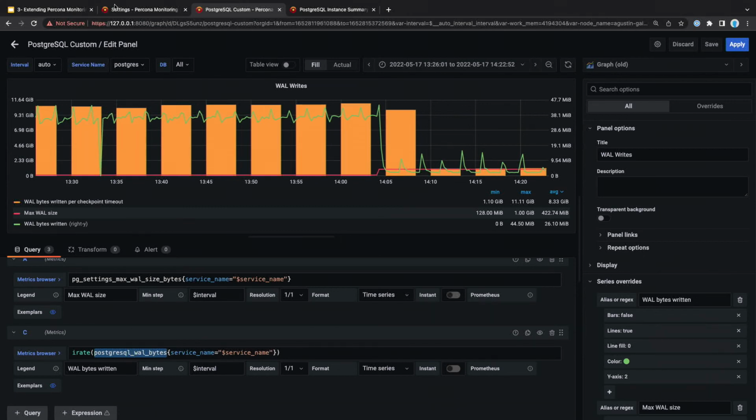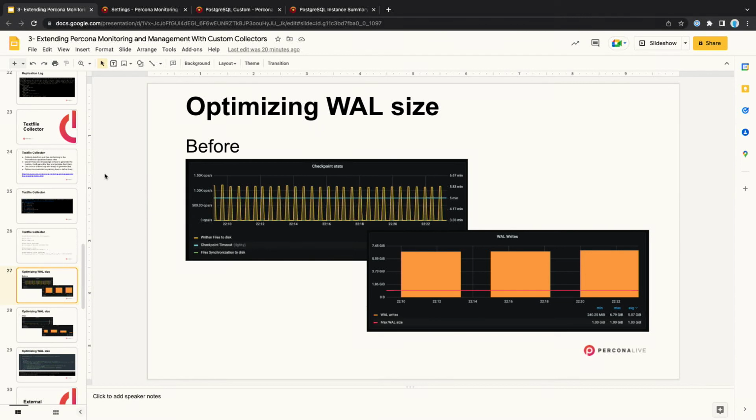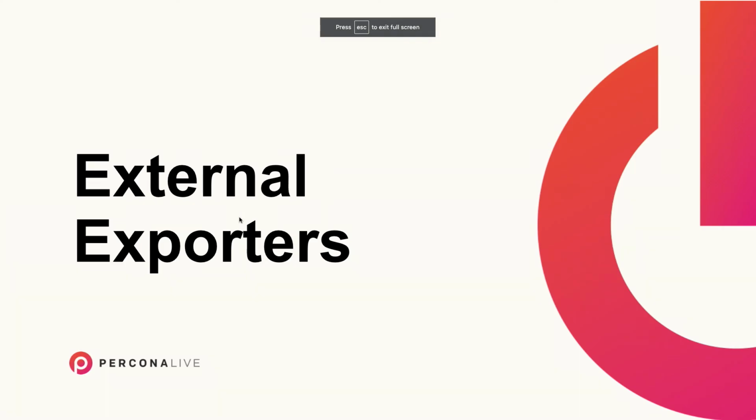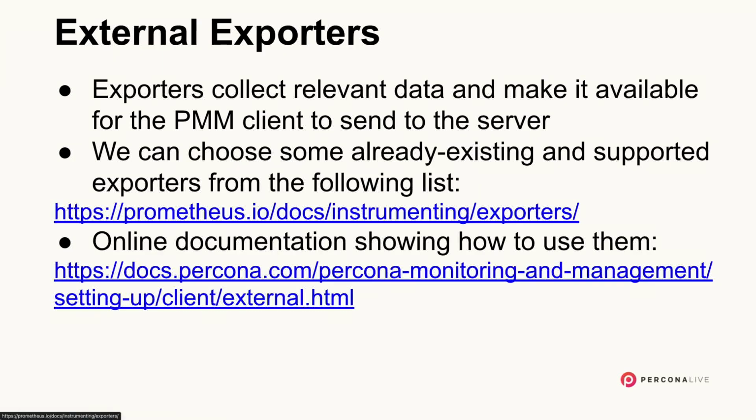And we are about to run out of time, so let me quickly discuss the external exporters. The external exporters are a way of easily getting metrics for things that are already being developed, right?